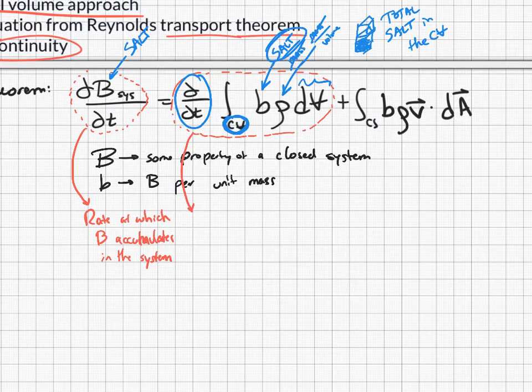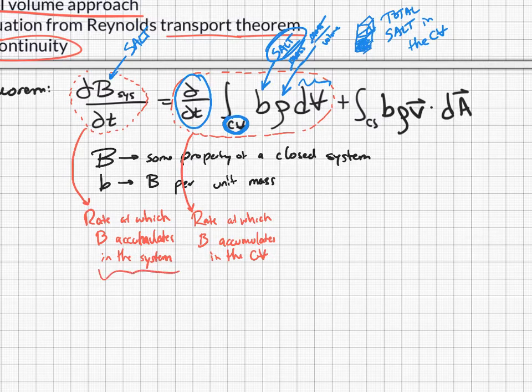So I could say this is the rate at which uppercase B, that's salt in this example, accumulates. Again, it could be positive or negative, in the control volume. So what's the difference between these two?